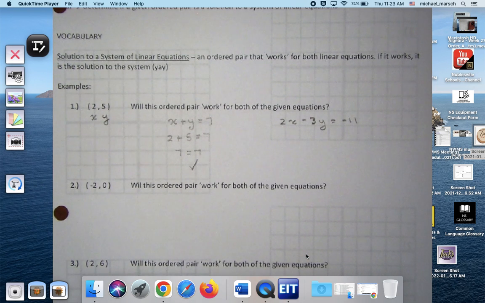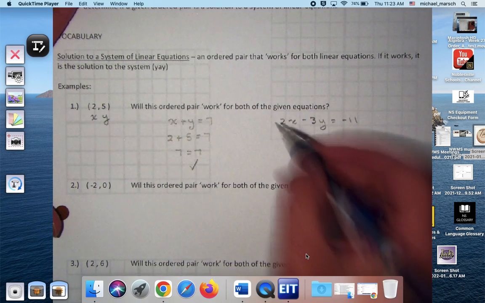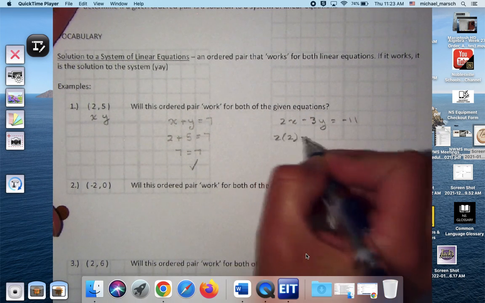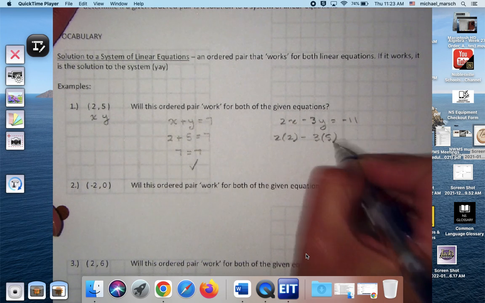But we have to make sure it works for both because it's a solution to a system, right? So now I'm going to put the same x and y in. So 2 times 2 minus 3 times 5.